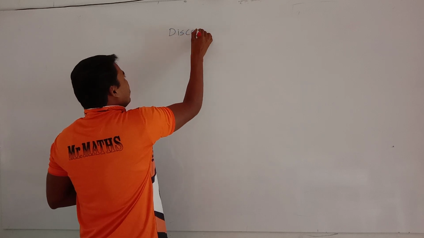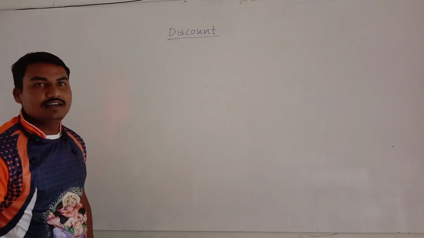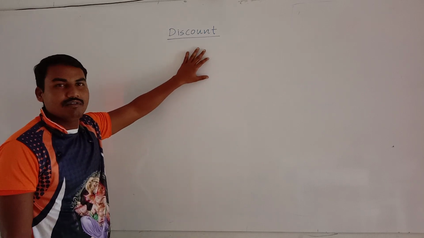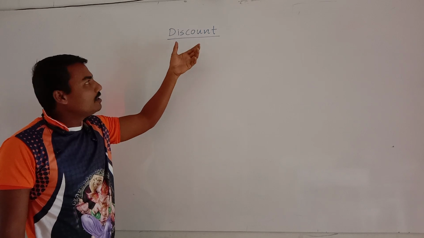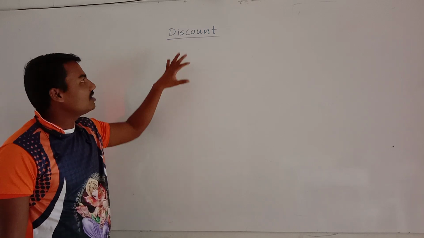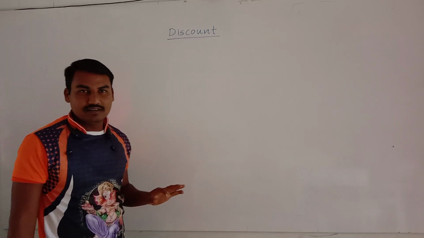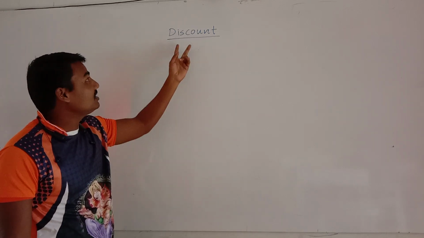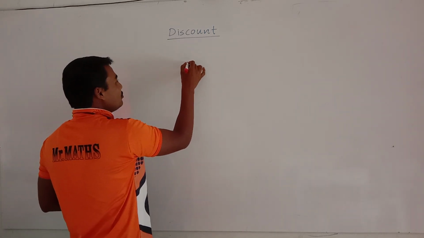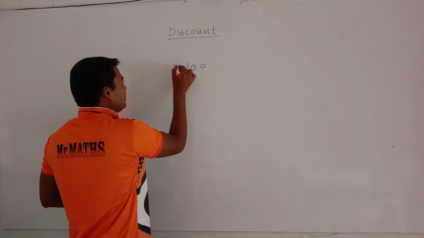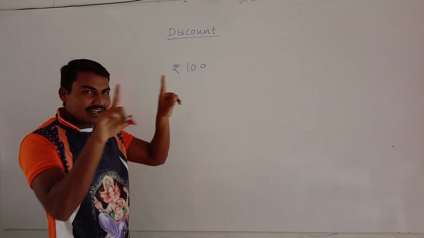The next point is discount. How we have to find the discount is a very well known word. अगर शॉप में हम जाते हैं कोई भी चीज खरीदते तो उस पर कुछ डिस्काउंट देता है शॉपकीपर. Suppose the price of your t-shirt is 100 rupees, which is the mark price, the label price on that t-shirt.